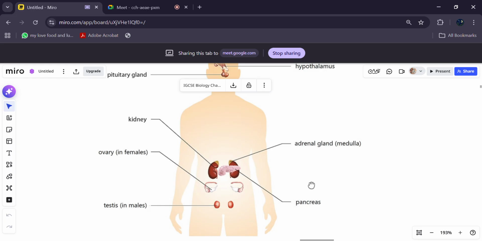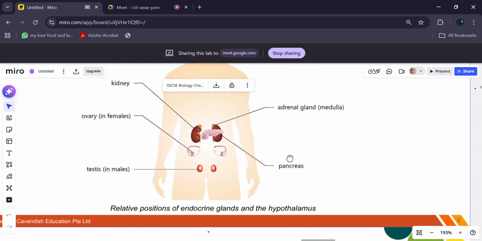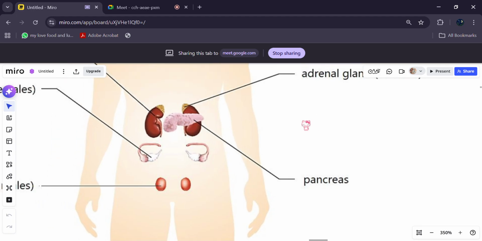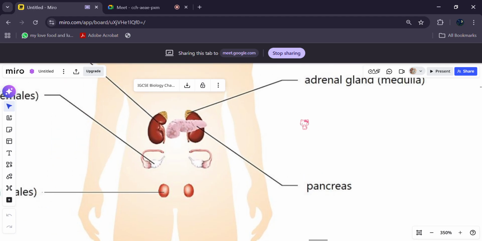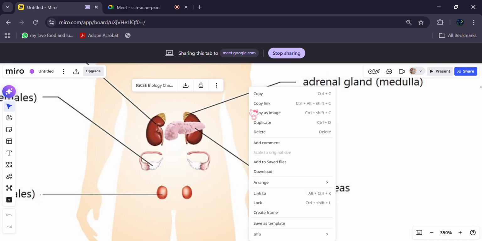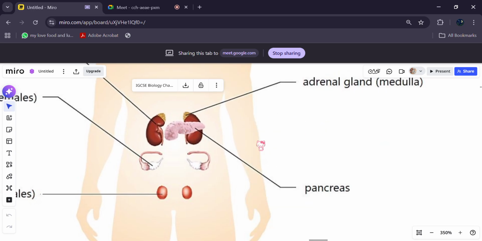The pancreas, however, contains special groups of cells called the islets of Langerhans. This is where insulin and glucagon are produced.